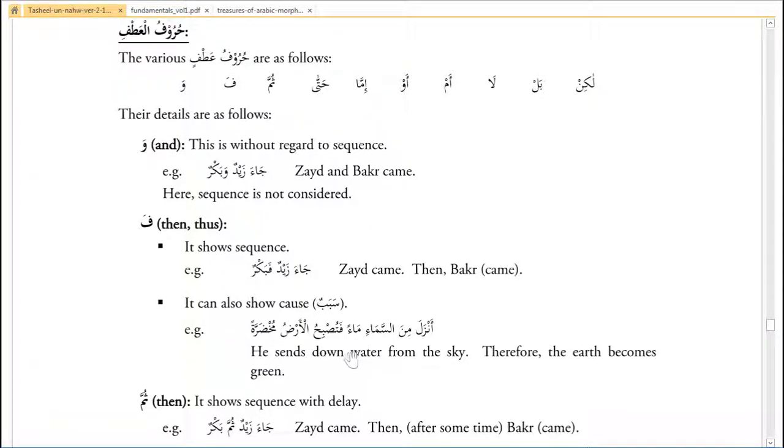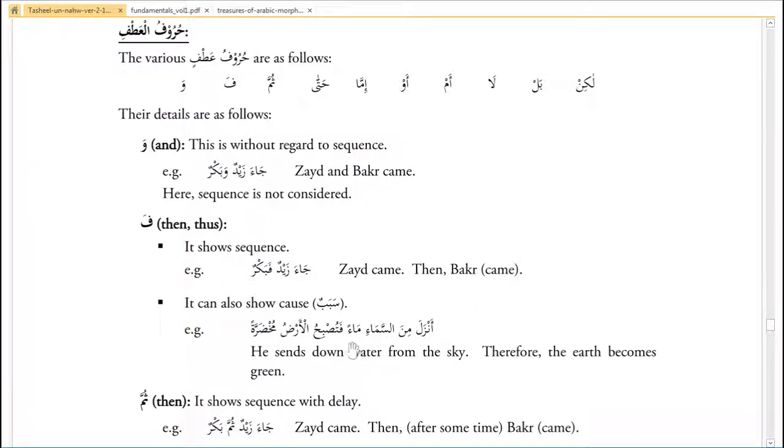So he sends down water from the sky. أنزل, he sends down, من السماء, from the sky, ماء, water. فتصبح الأرض مخضرة. So therefore the earth becomes green. Here sabaha is the meaning of becoming. Then the earth becomes green. Then or therefore the earth becomes green. So here the fa is used for sabab.